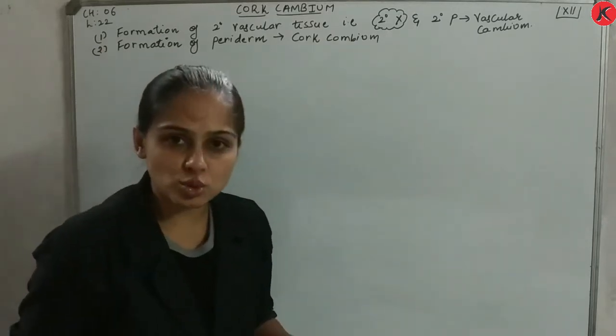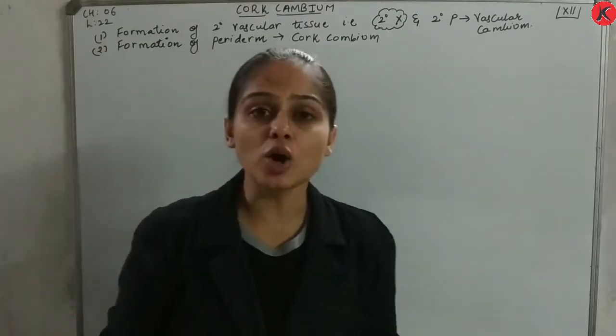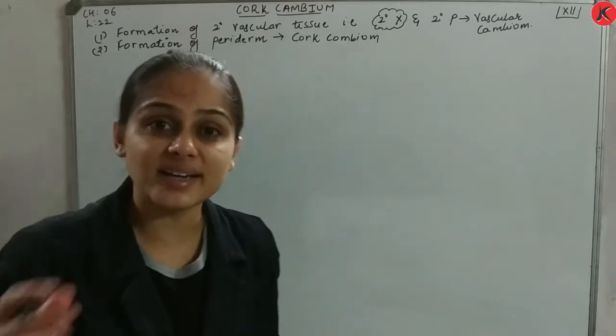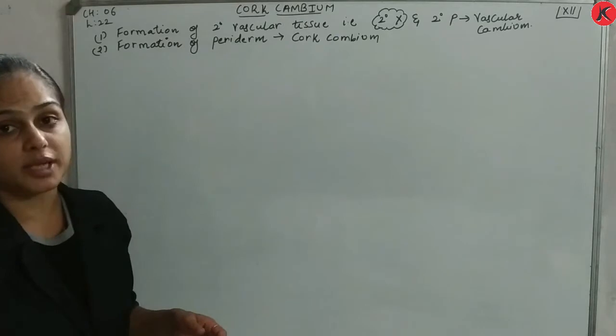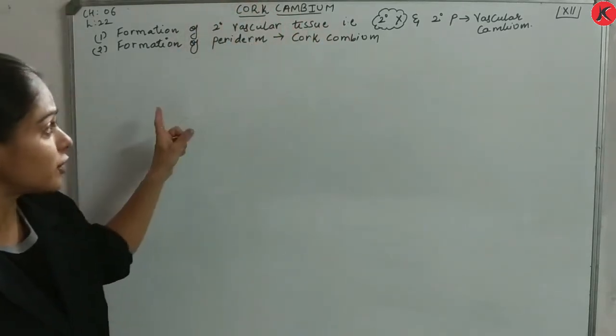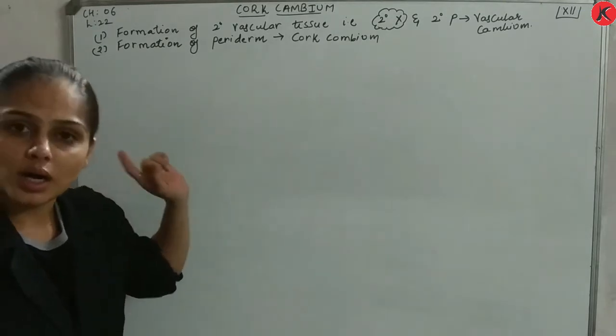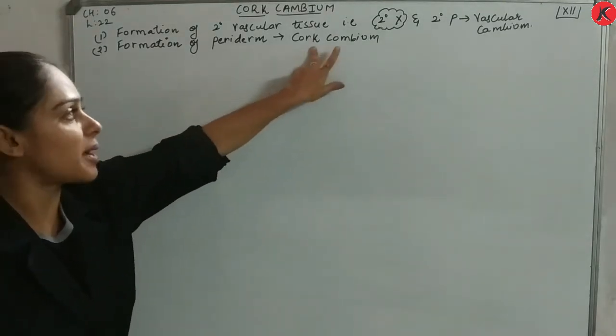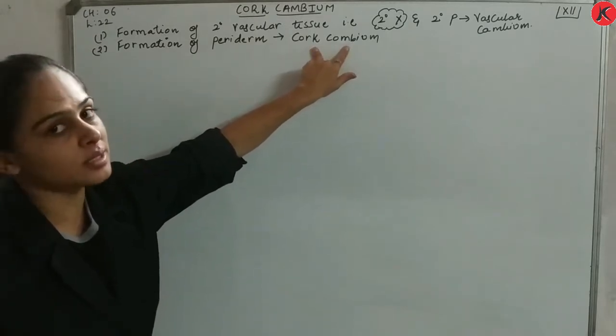Okay? So dear students, in this video we are going to discuss another topic, and that is your cork cambium. So give in your notebook a next heading, that is formation of periderm, and this is mainly contributed by cork cambium.